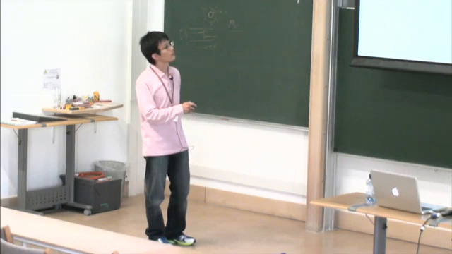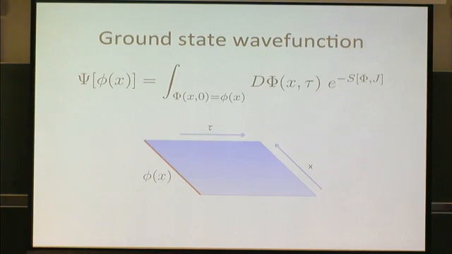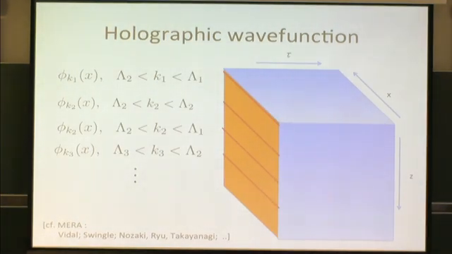Okay, so this is how we think about the ground state wave function in field theory, and this is like a partition function with boundary condition, and we can apply this holographic construction to the wave function. So here I'm assuming that there is a covariant way of separating high energy mode and low energy mode. The simplest picture is that I consider some wave vector along the space direction, and at high energy I integrate out those modes with momentum between lambda 2 and lambda 1, and so on.